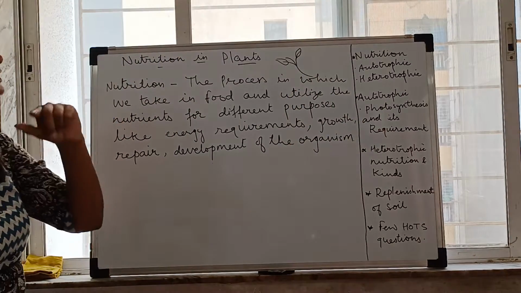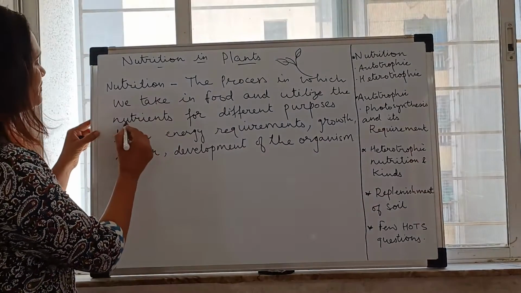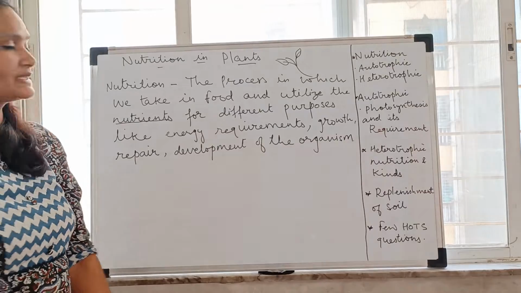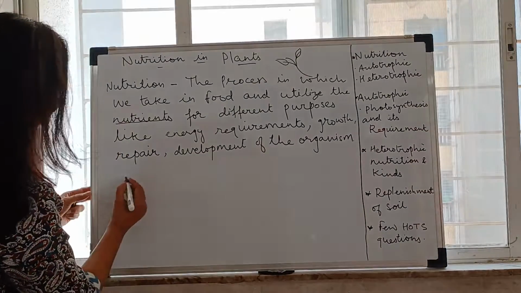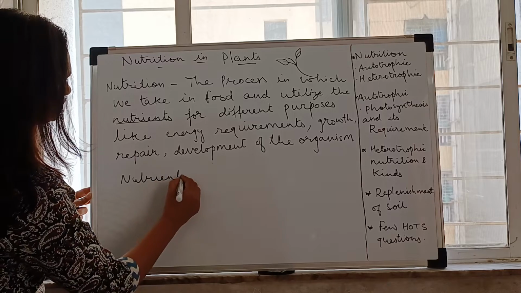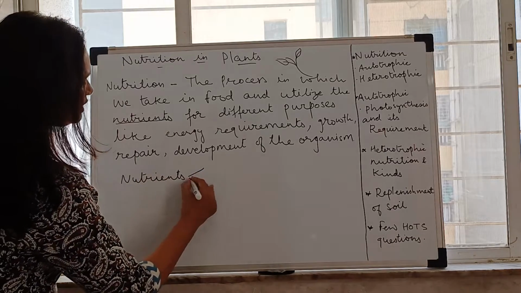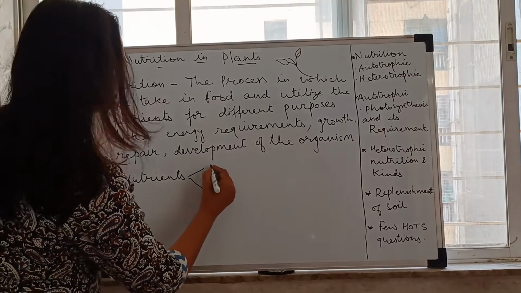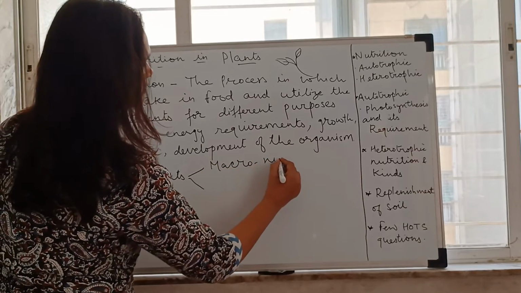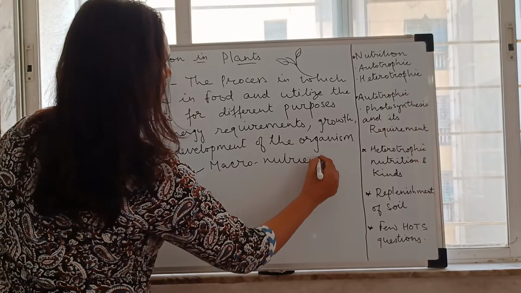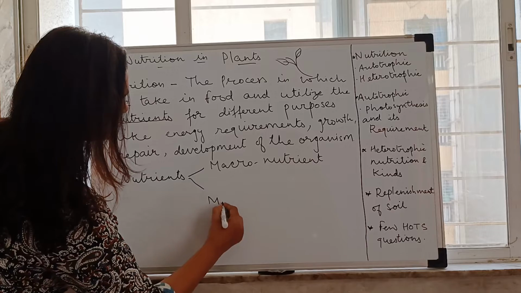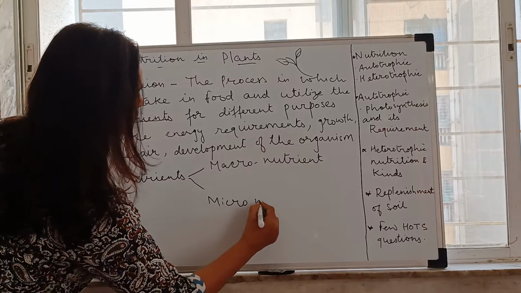So this is clear, what is nutrition, and I have used one word here, nutrients. So what are nutrients? Nutrients can be of two types. One is macronutrient and the second one is micronutrient.